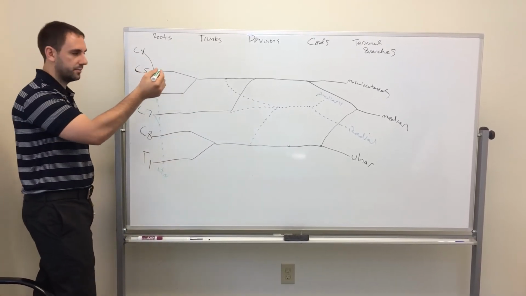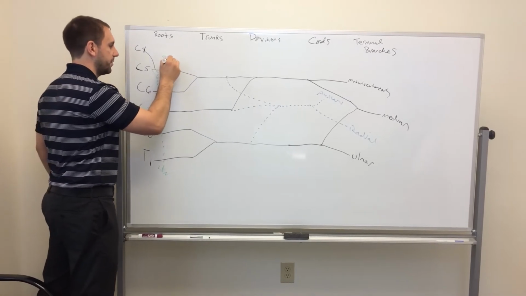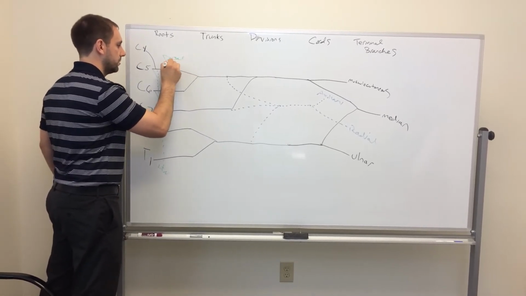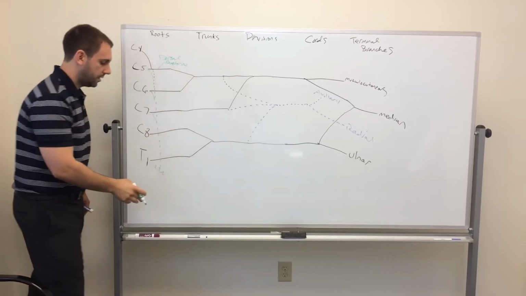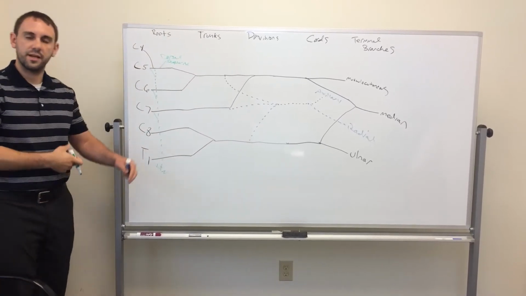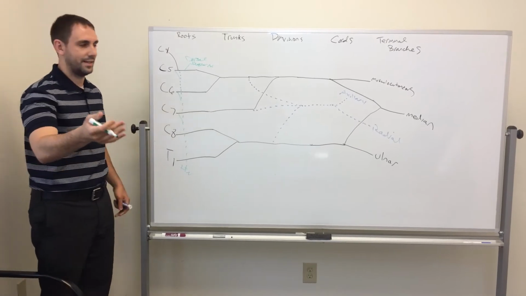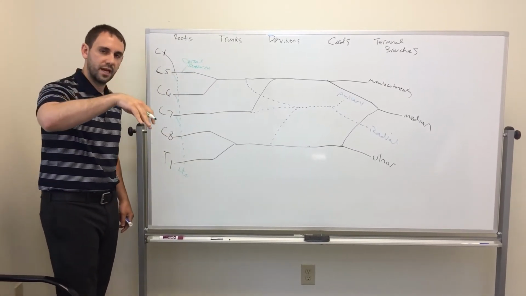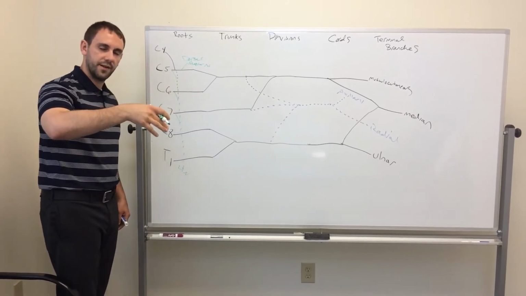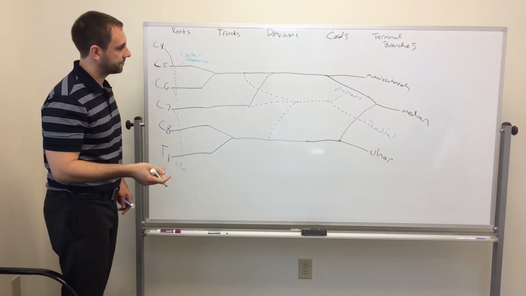From the C5 root, we have the dorsal scapular nerve. Long thoracic nerve is going to be found on the external surface of the rib cage going to the serratus anterior. Dorsal scapular nerve is going to be found going to the medial border of the scapula to innervate the levator scapula and the 2 rhomboids.